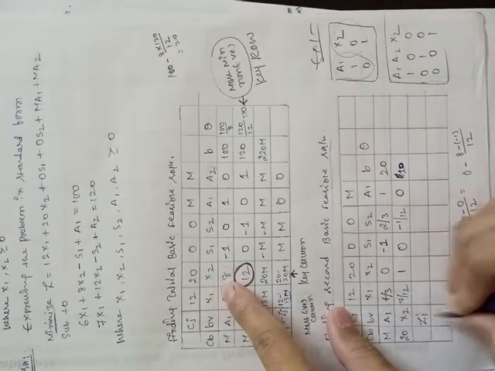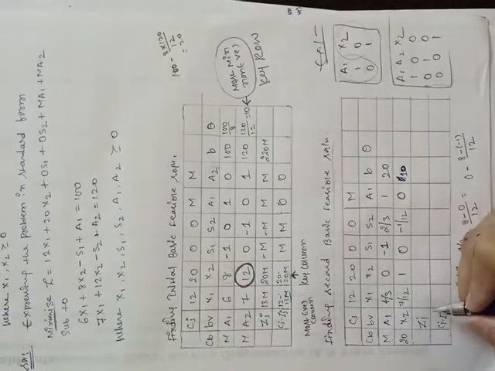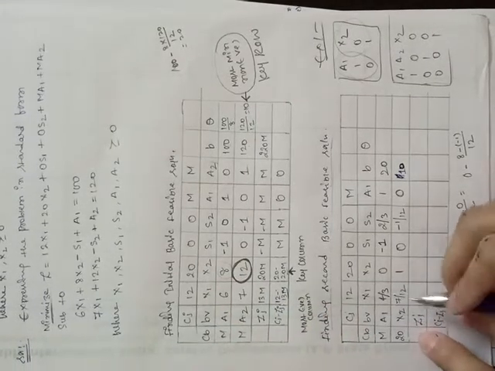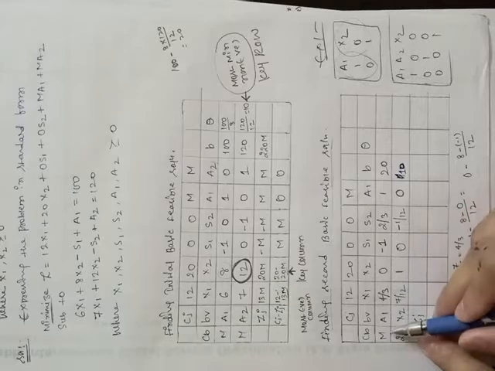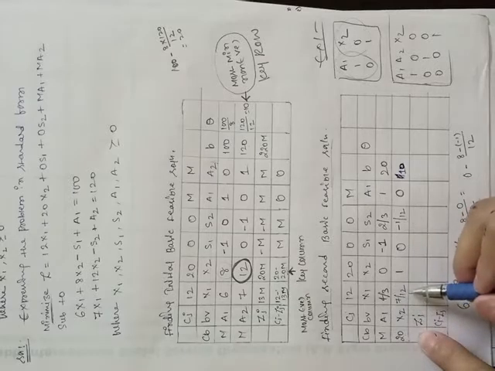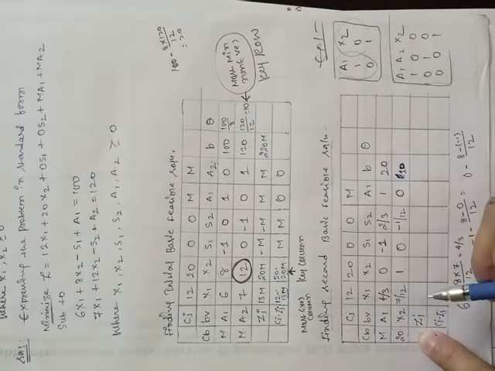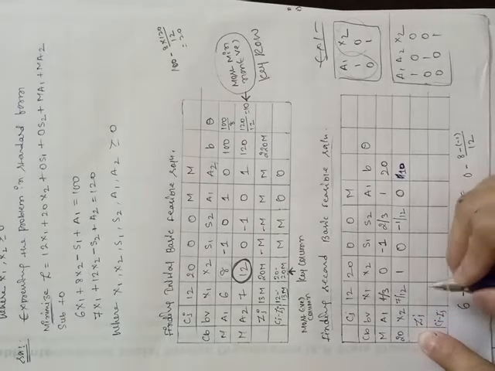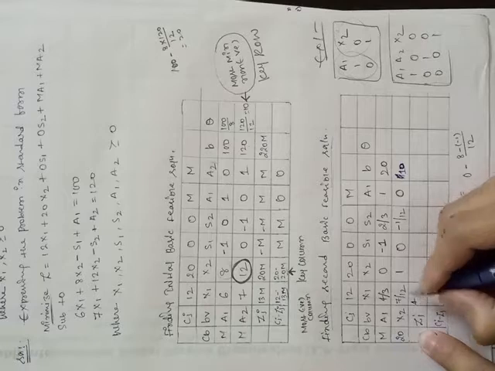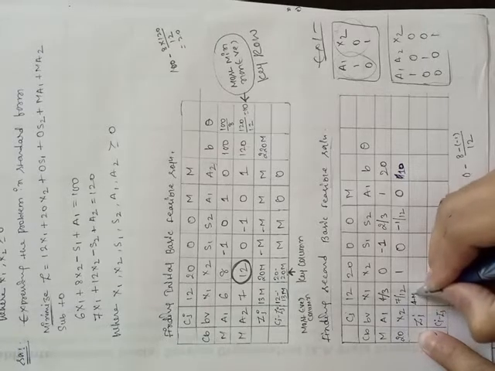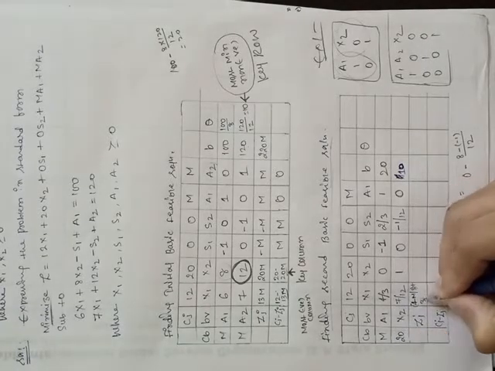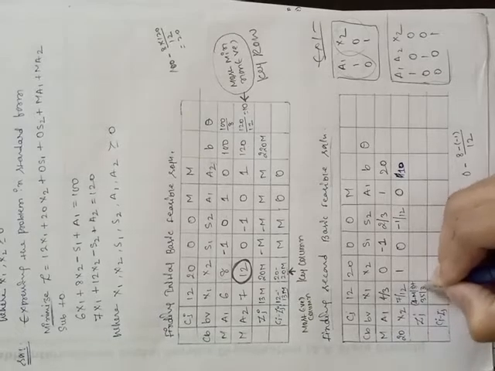Here Zj, Cj minus Zj. Again the Zj value will be 4 by 3 into M plus 7 by 12 into 20. That is 4M by 3, 35 by 3.